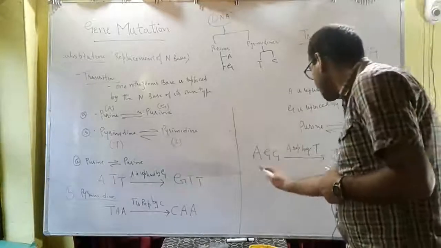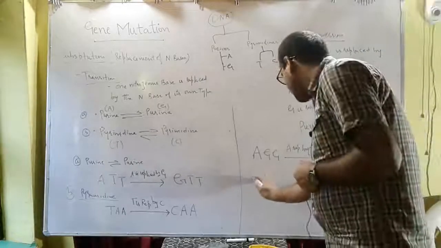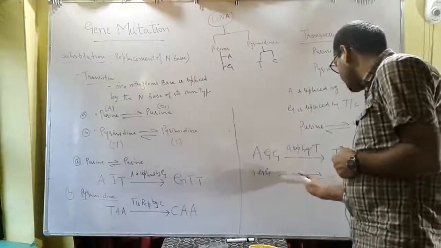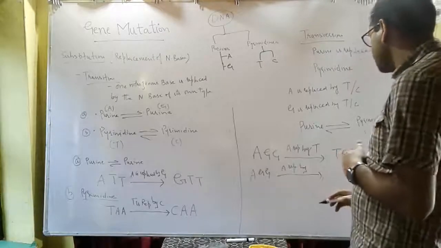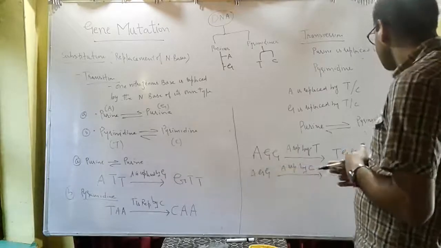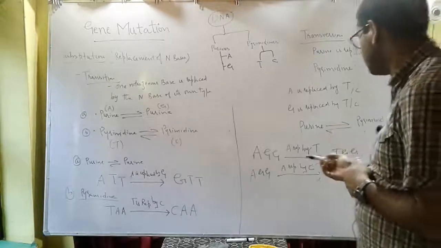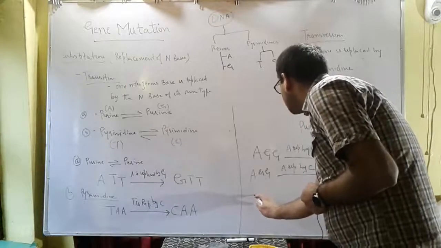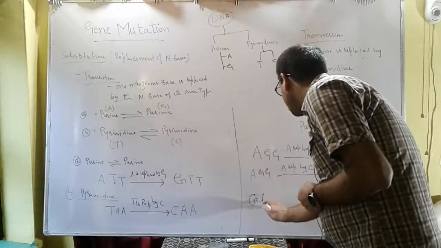Same is the case, A can also be replaced by C. So AGG is the original base sequence. Here A is replaced by C. So we have CGG. Same is the case, for example, we have GAA.